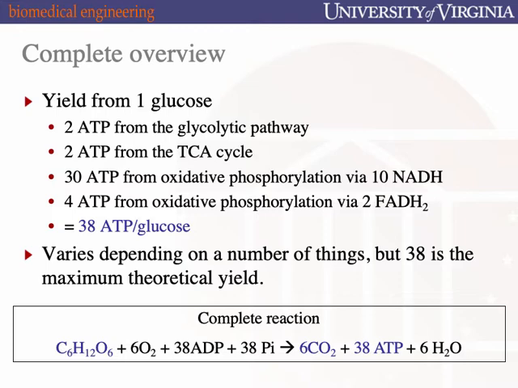And then the FADH2s, the reducing equivalents that were generated from the 2 pyruvates as they went around the TCA cycle, give another 4. Altogether, the stock number of ATP yield per molecule glucose is 38 ATPs.